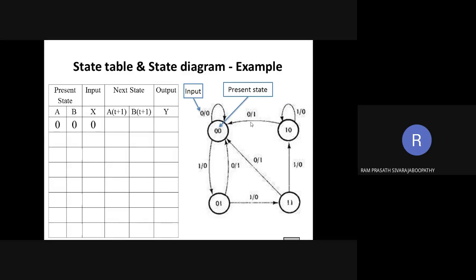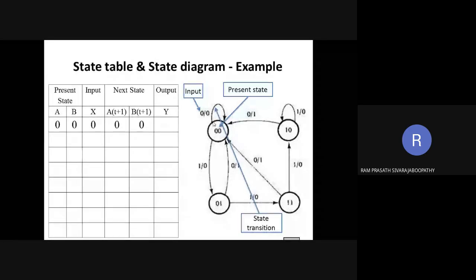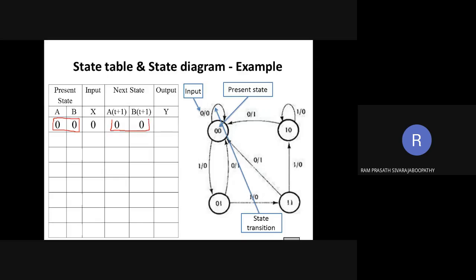Clock pulse apply பண்ணா எனக்கு next state என்னன்னு சொல்லிருக்கோம்? 0 0. For representing this state transition, we are having an arrow. The arrow தெரியுதுங்களா? இந்த ஸ்டேட்ல இருந்து இதுக்கே போறோம். What it mean? Here I will mark it. Present state is 0 0. Okay. My next state is also 0 0. So my arrow will be towards the same state.